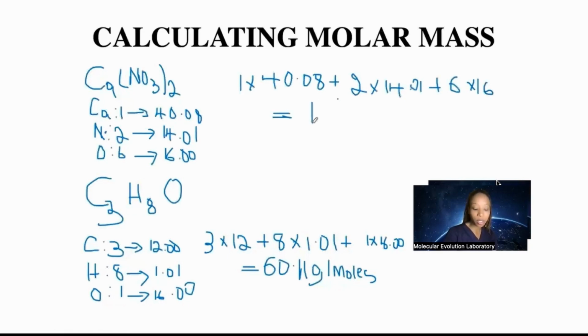This gives us 164.10 grams per mole, which means that 1 mole of calcium nitrate weighs 164 grams.